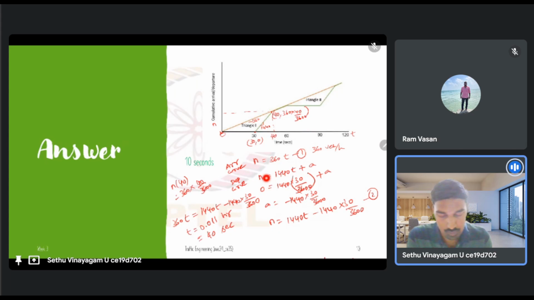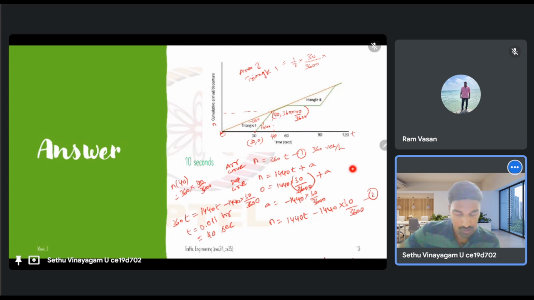So we know that point, right? So this is the triangle. We have everything that we need to calculate the area of the triangle. So the area of triangle 1 is nothing but half into the base of the triangle, which is 30 seconds, so 30 divided by 3600, into the height of this triangle.